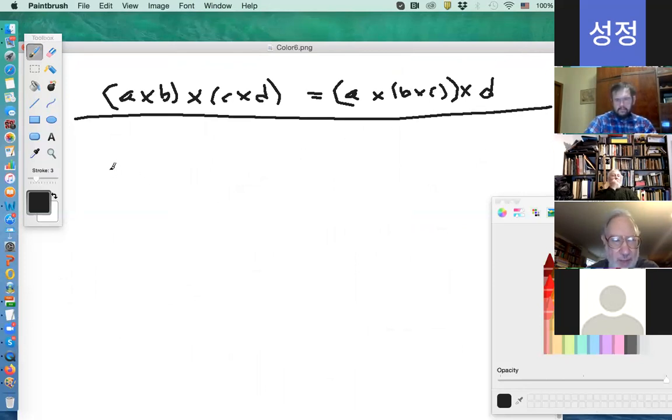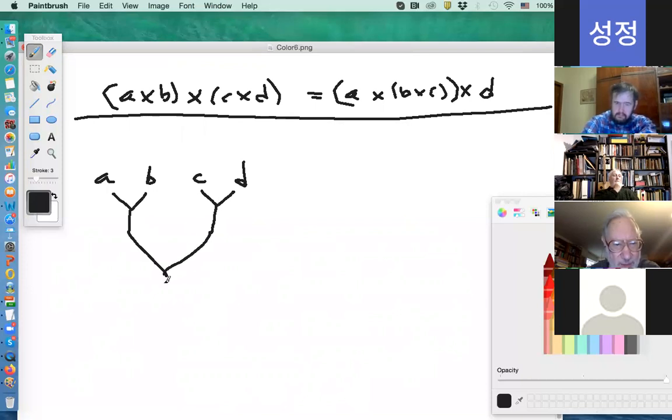You think of A, B, C, and D, and you think of cross product as what we did at the vertex, because that is what we did at the vertex before. And then we take another cross product between these. There's another vertex, and so this is a tensor diagram in Penrose's sense for that cross product. And now we write the other one backwards. D, C, B, A.